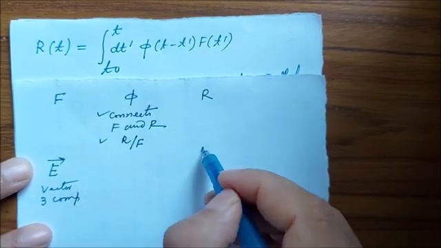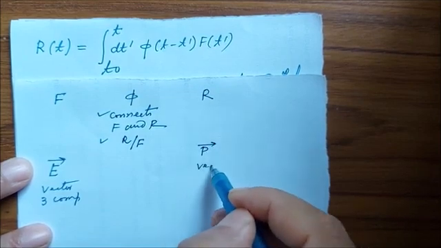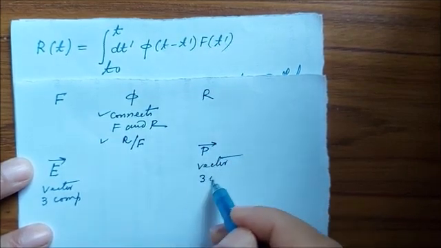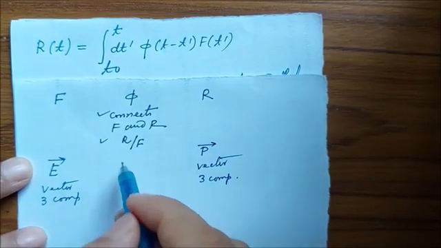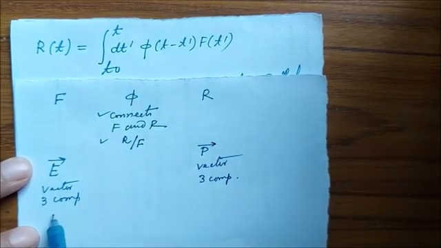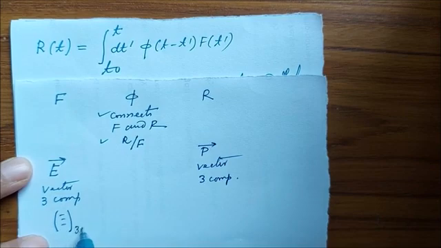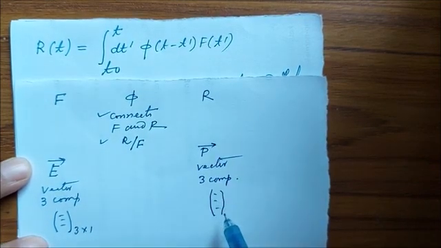Then the response, as indicated earlier, will be the polarization, which is also a vector which has three components. And then what will phi be? Three components, so it is 3 into 1. Here three components, so this is also 3 into 1.